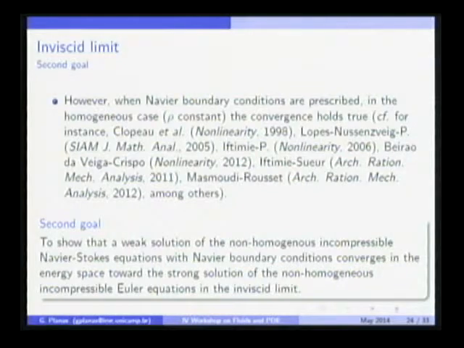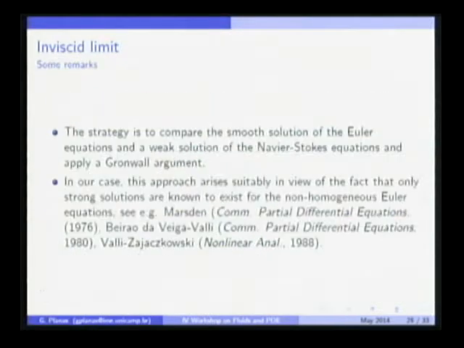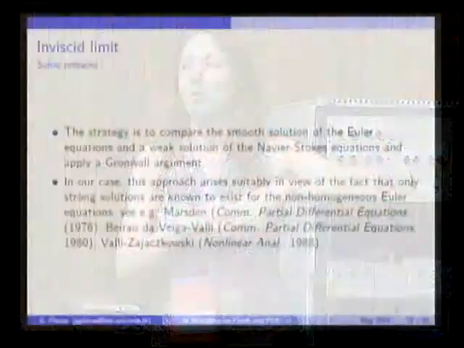Because it exists. We know it exists. Then the idea is to prove we converge to something that exists. The idea, in fact, is analogous to the homogeneous case: compare a smooth solution of the Euler equation and a weak solution of the Navier-Stokes equation, obtain some energy estimate and apply a Gronwall argument.